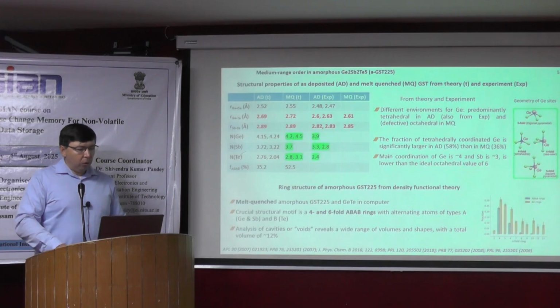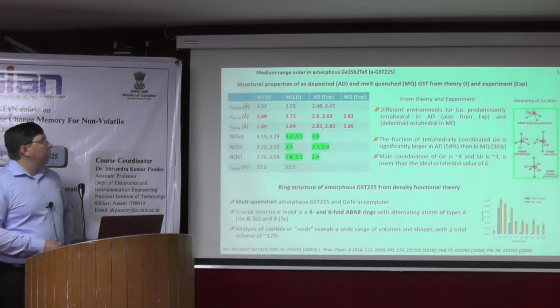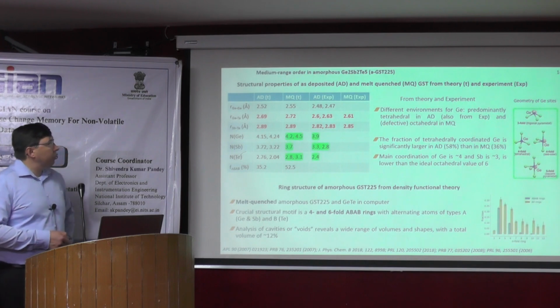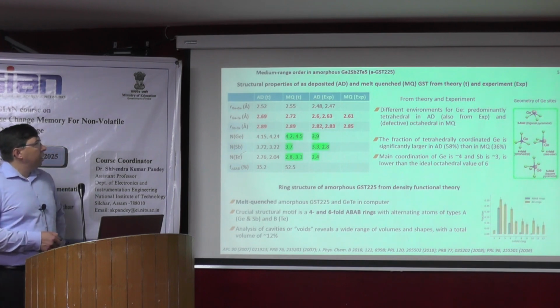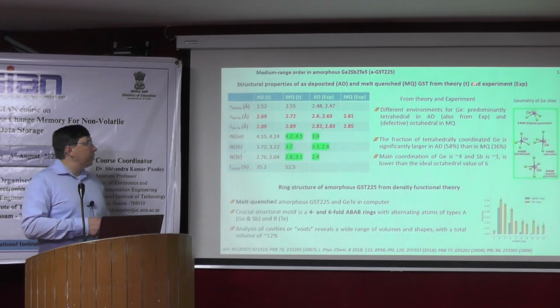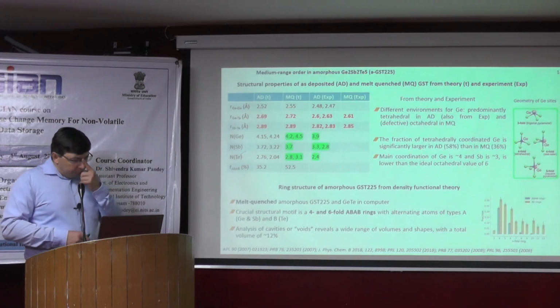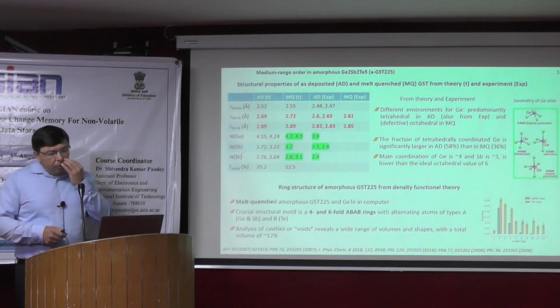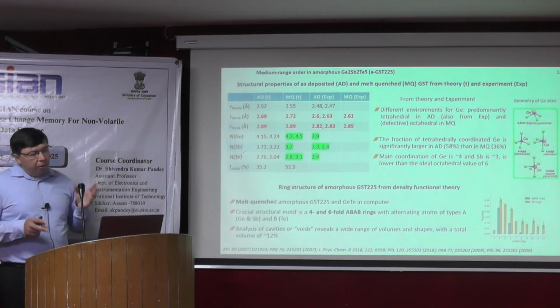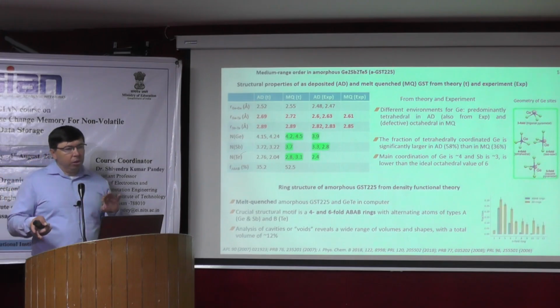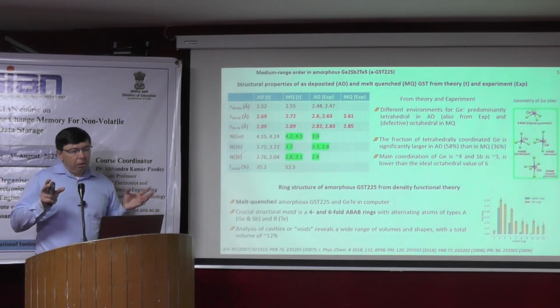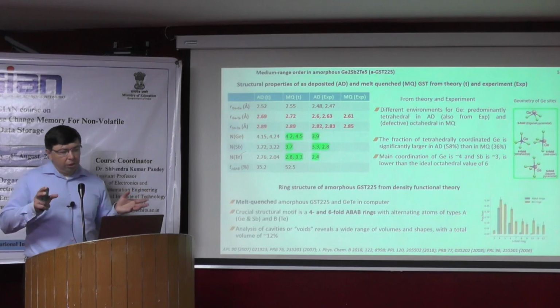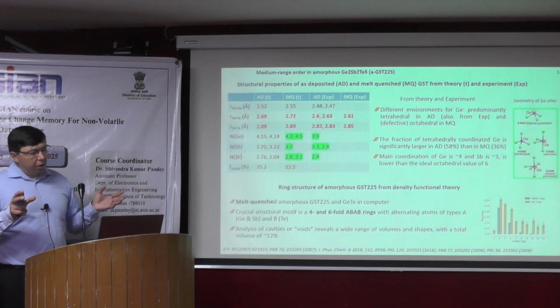Now let's look at the medium range order in amorphous GST225. These are the structural properties of as-deposited and melt-quenched GST from theory and experiment. There are some reports that the as-deposited and melt-quenched structures of amorphous GST are different.